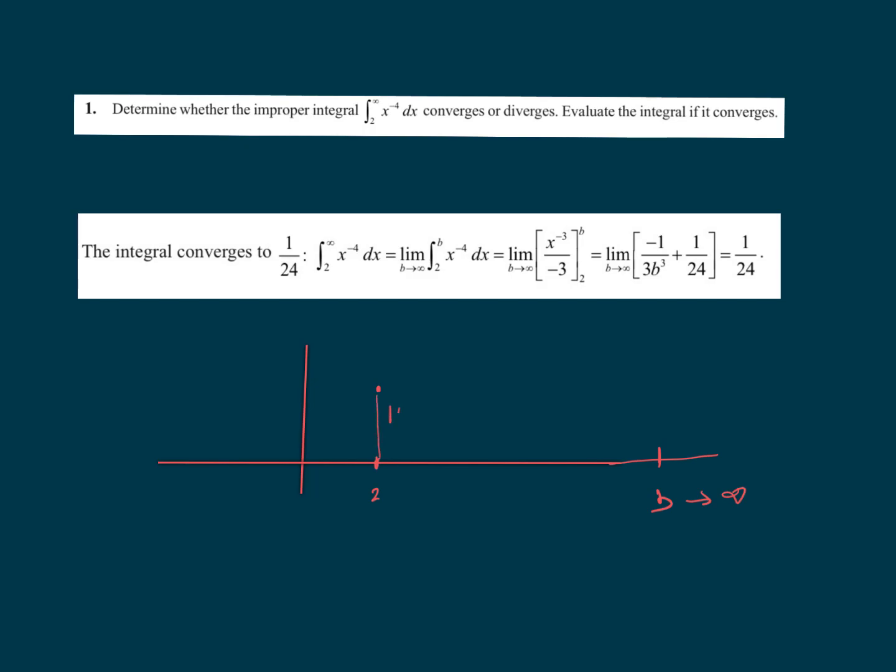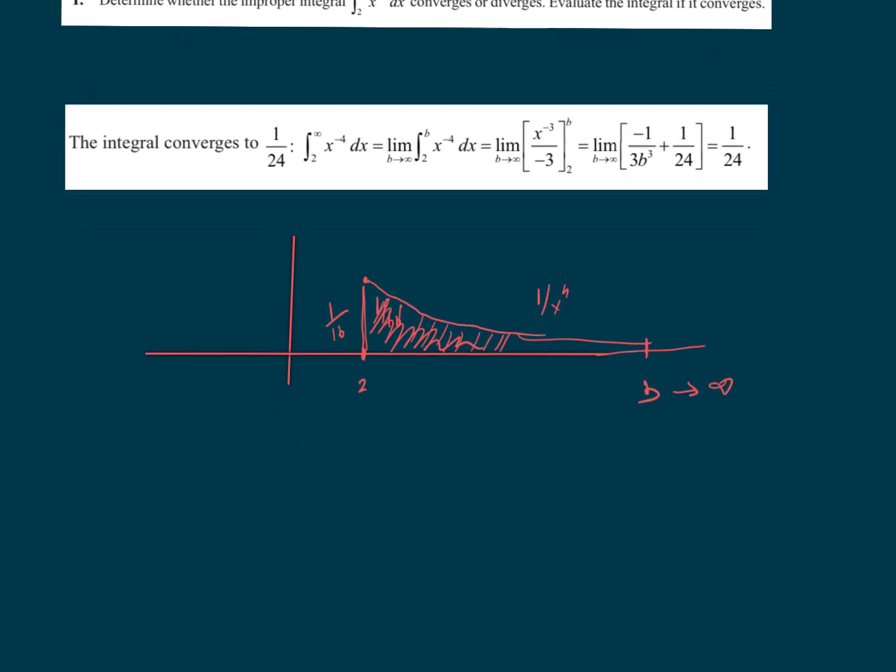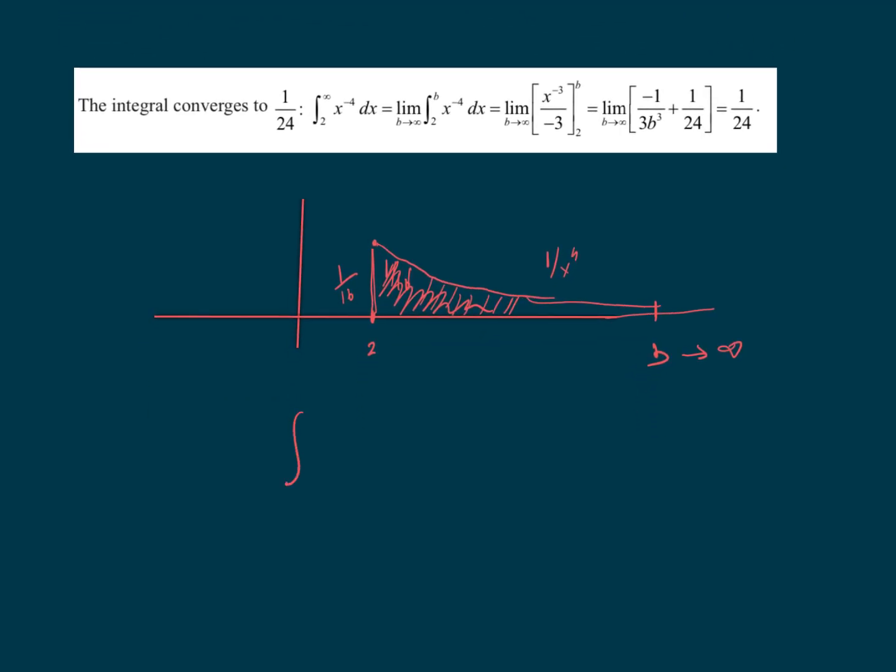So this height is 1 divided by 16, and the function will go like this: 1 divided by x to the 4. What we want to know is whether this area converges or diverges. So we will do the integral from 2 to v, and we will make the point v go to infinity.